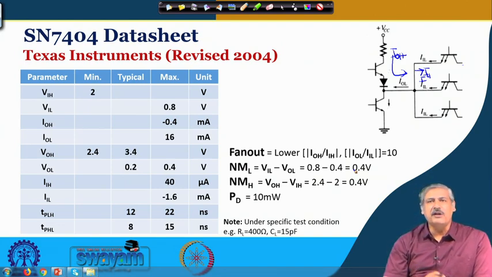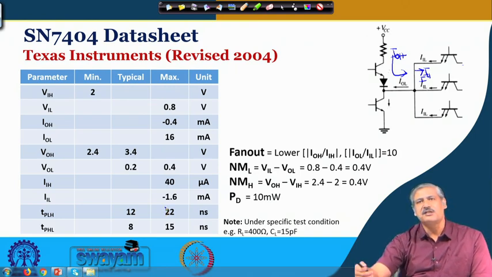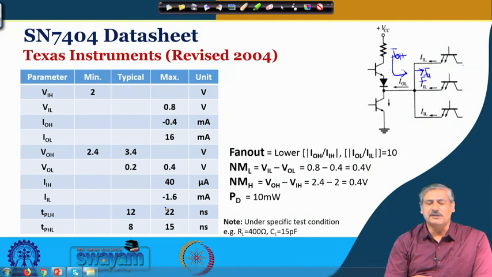The other two important parameters are the propagation delays. So, propagation delay, low to high. Okay. The values you see are 12 nanosecond and 22 nanosecond, and it depends on the loading. Okay. More such loads, more such capacitors will be coming in parallel and more time will be required. Okay.